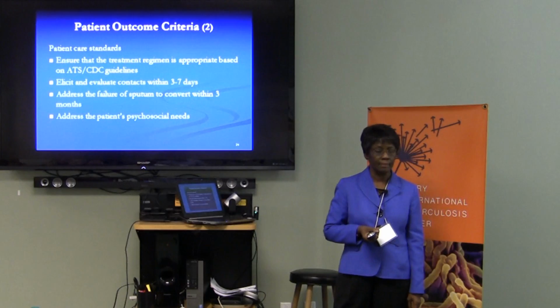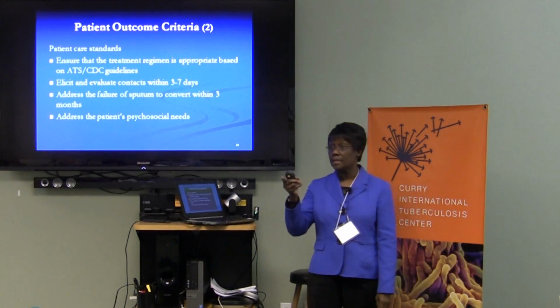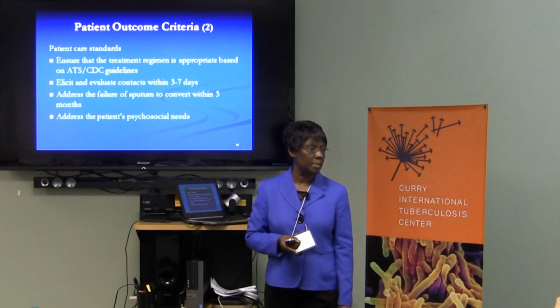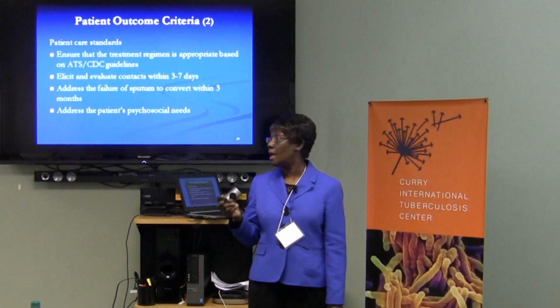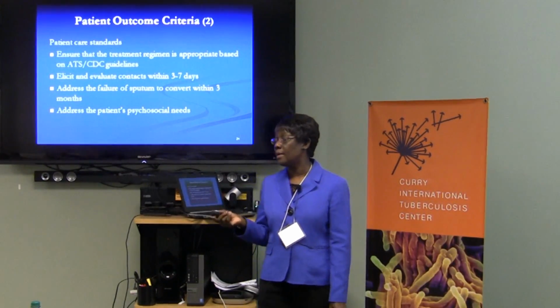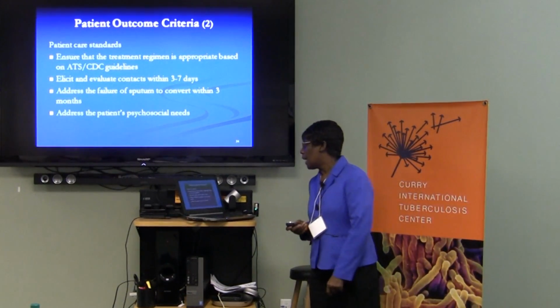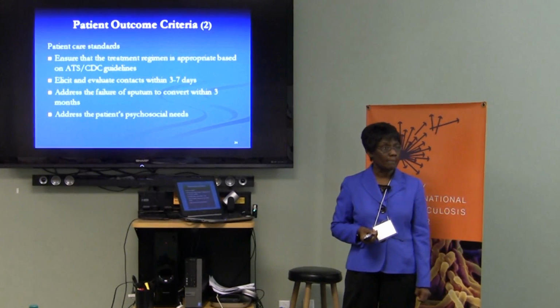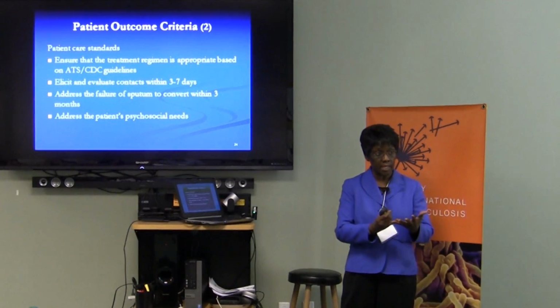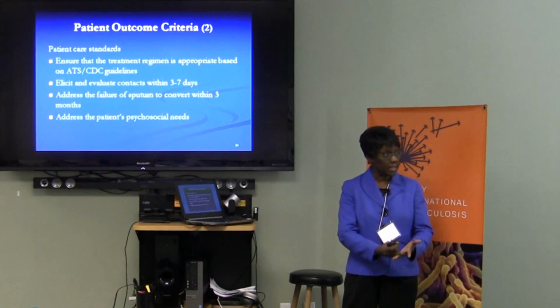Are they resistant? So that's where GeneXpert is helpful, right? It will at least tell you if they have rifampin resistance. What's the next question? They're on DOT, they're not resistant, they're continuing to be positive.